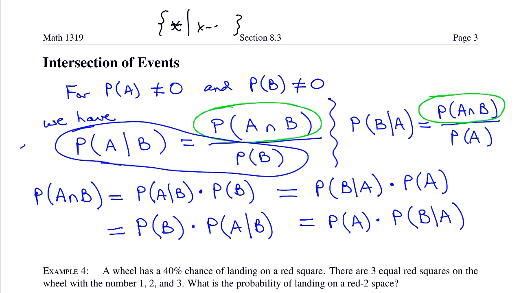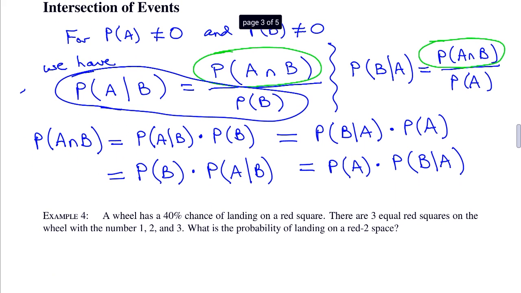Sort of cascades down and through. Let me show you how to use the intersection formulas. A wheel has a 40% chance of landing on a red square. There are 3 equal red squares on the wheel with the numbers 1, 2, and 3. What is the probability of landing on a red 2 square?